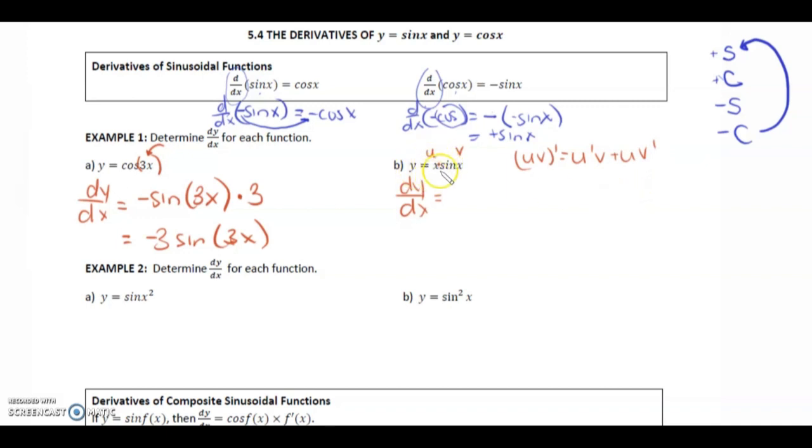So the derivative of x is just 1 times sine x, v as itself, plus u, which is x as it is, times the derivative of v. The derivative of sine x is just cos x. So written a little neater, this is just sine x plus x cos x.